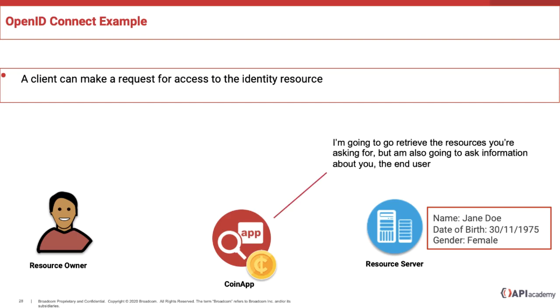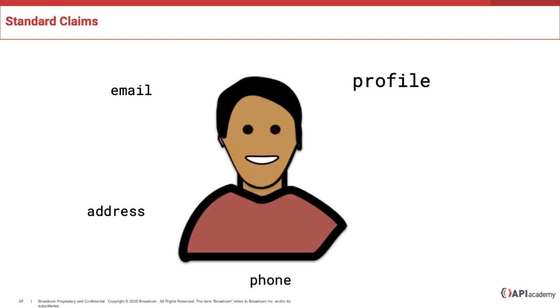Any additional information needed about the end user can be defined in the scope parameter associated with OAuth 2. While the scope parameter is shared with OAuth 2, OpenID Connect uses these to request specific sets of information about the user. The basic scope parameters include profile, email, address, and phone.